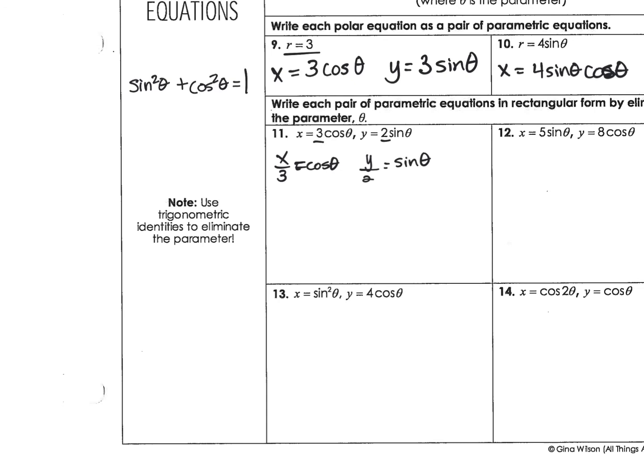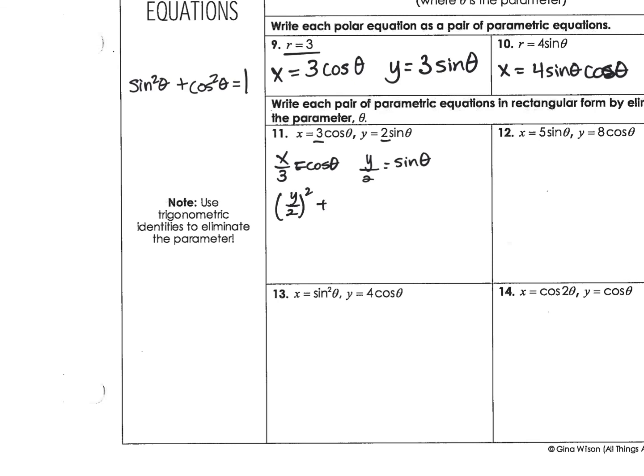Oh! If we plug those two things in, aren't we getting rid of the theta and aren't we putting the x and y in? Huh, how about that? Pythagorean theorem, right? For sine and cosine, that trig theorem. So sine squared plus cosine squared, sine squared becomes what?